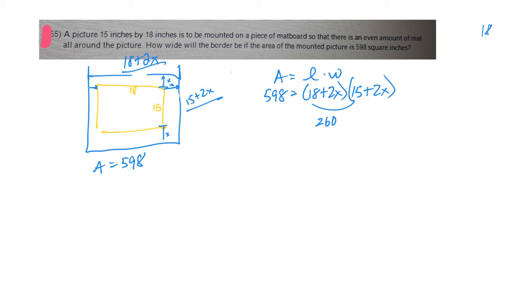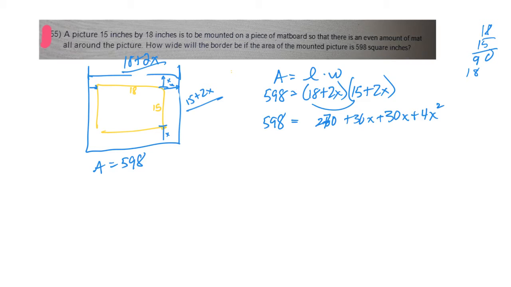Shoot, I don't have a calculator handy. It's 270. So 270 and then plus 36x plus 30x plus 4x squared is equal to 598.